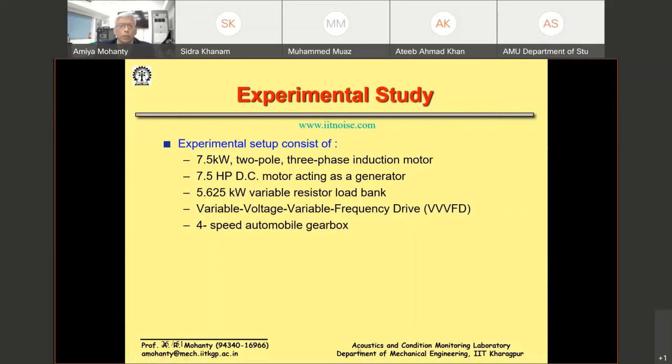So in this, we have an induction motor, which is driving a DC motor, and there is a variable resistor load bank loading the generator, which is driving a gearbox.